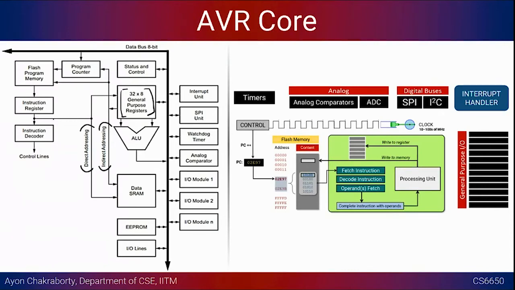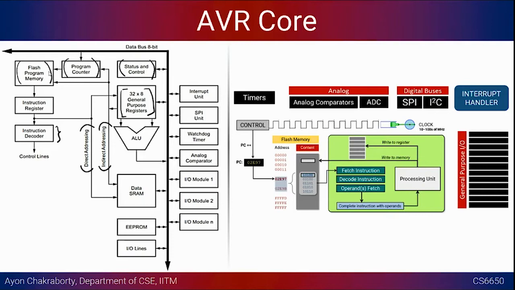And then you already know about this instruction decoder, which goes to the control lines, and you are aware of the program counter also, which keeps track of which instruction is being executed. The control is in charge of that, and flash memory is something that we are going to cover now. It is going to have the application code.